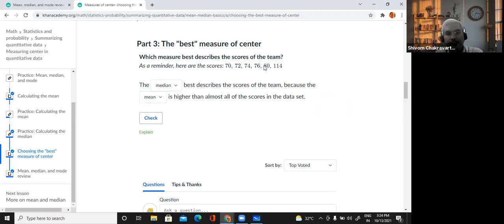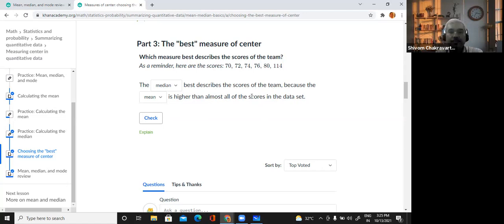If we take the mean, which is 81, it is higher than all of the data set except the one value, 114. Actually, at the second place, I would have put the position of the value. The median best describes the scores of the team because the sixth value is higher than almost all scores in the data set.